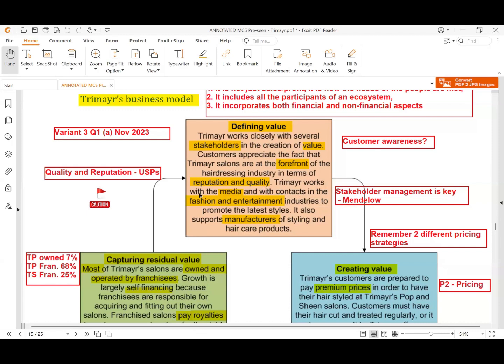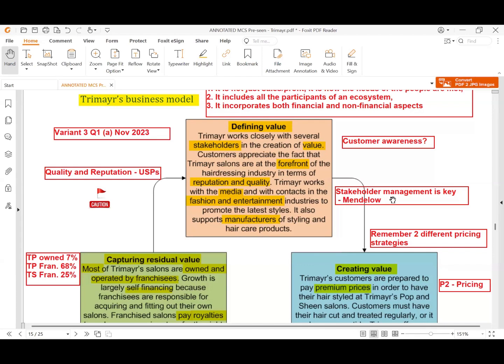Coupled with that, note the stakeholder management here. Key point: they network extremely well. They're very good with the media. They have a strong advertising and marketing budget. They work with players in the fashion and entertainment industries, and indeed with manufacturers of products. So their network, or stakeholder management, is absolutely key.